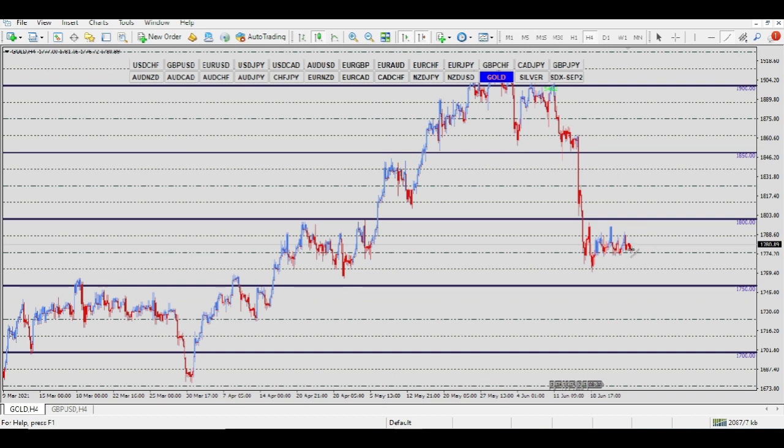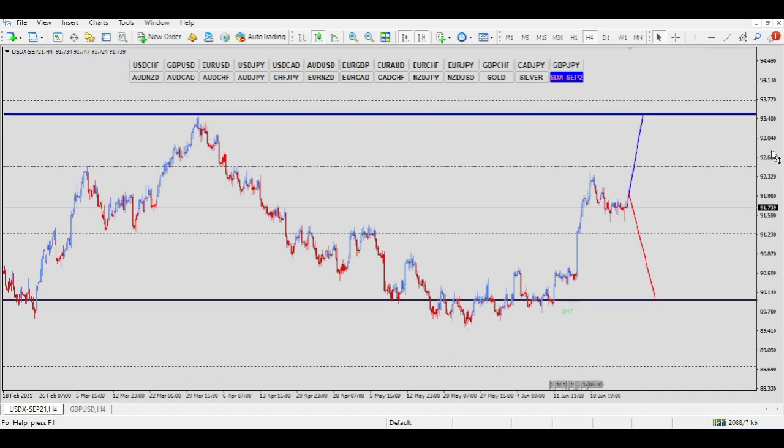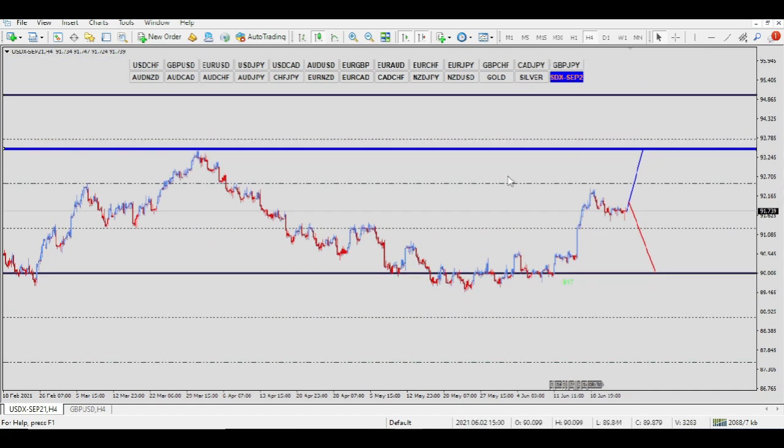I'm expecting as dollar strengthens, we are going to tap this level 1750 first, and from there we might continue selling depending on what eventually happens on the dollar index. So that's just a quick video on my bias for the week using the dollar index.